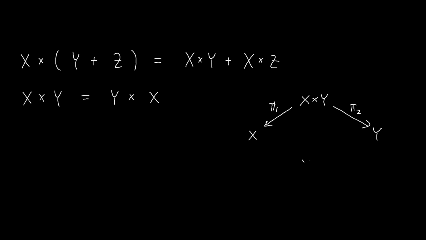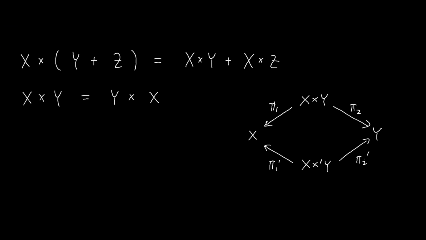There could be another version of a product, let's call it product prime, with the projection maps being pi1 prime and pi2 prime, and they need not be the same.